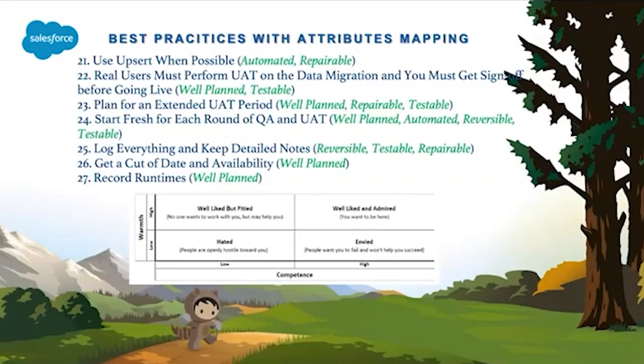And this practice number 23 is connected with 22. If you are applying power users and you are asking them to validate end-to-end and you are getting the sign-off from them before going live, then your UAT period needs to be extended. So plan a detailed extended UAT period.